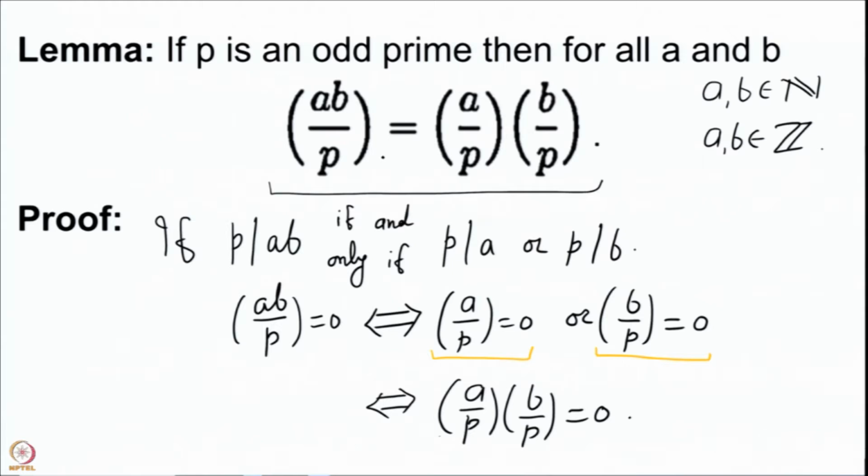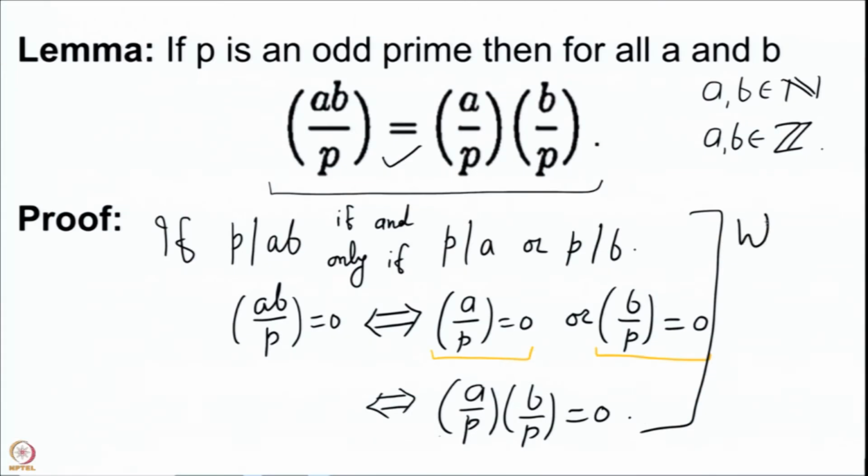So, we have the equality (AB/P) = (A/P)(B/P) whenever the value is 0. Now we will assume that none of these three values (AB/P), (A/P) and (B/P) is 0. So, A is in UP, B is in UP, and therefore AB is also in UP, and then we will compute these Legendre symbols and see whether we get the equality.